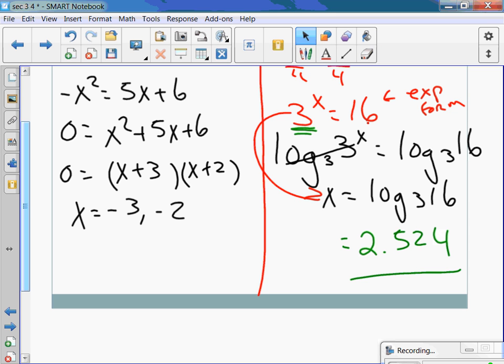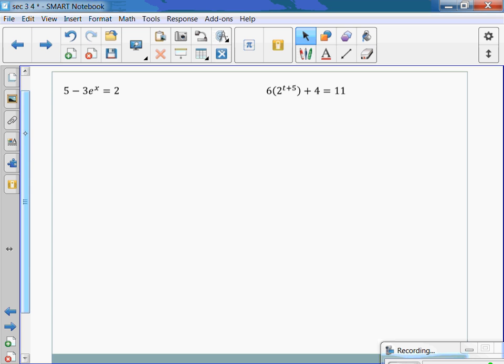So, what about this one? 5 minus 3 e to the x equaling 2. So I get x by itself. How are you going to do that? Subtract 5.